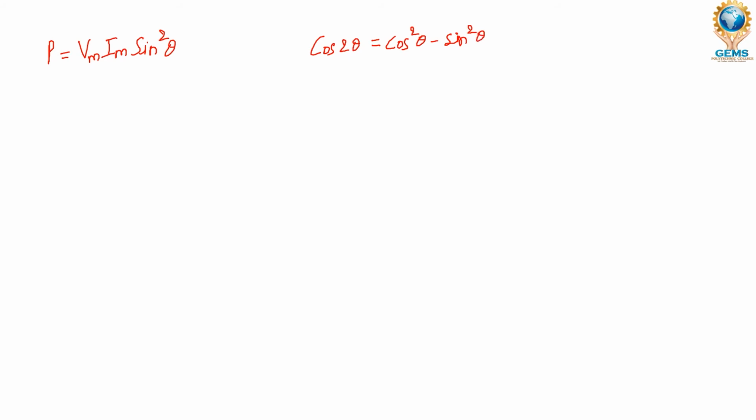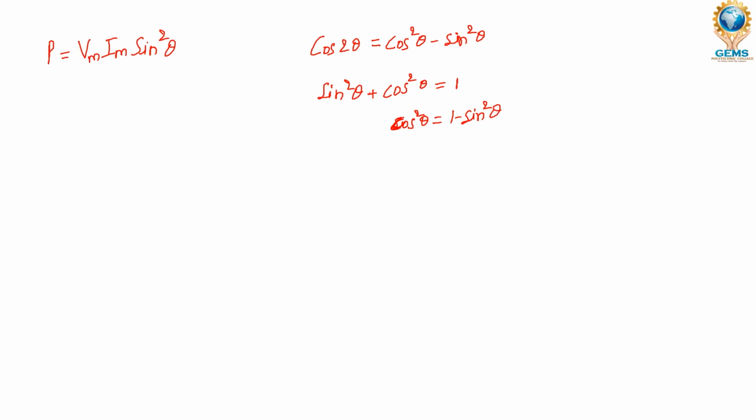And we have one more formula: sin square theta plus cos square theta equals 1. From this, cos square theta equals 1 minus sin square theta.